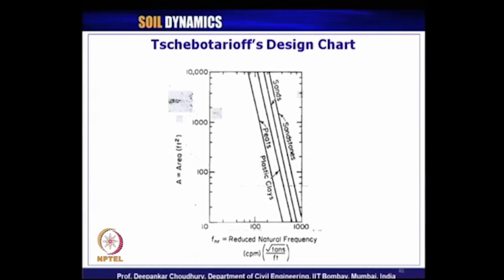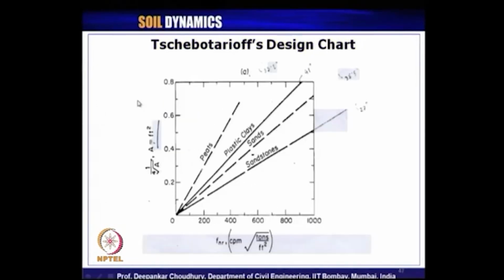That is what Tschebotarioff has done. If you try to further simplify the expression of FNR, you will get that in terms of the G value of the soil by representing the K dash, that is the dynamic subgrade modulus.